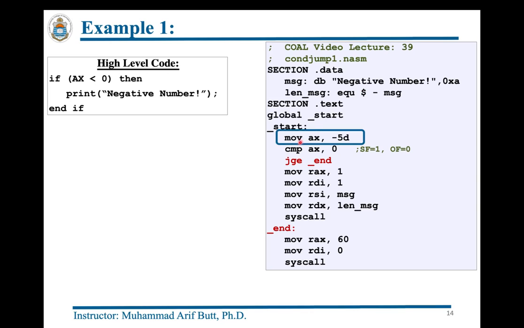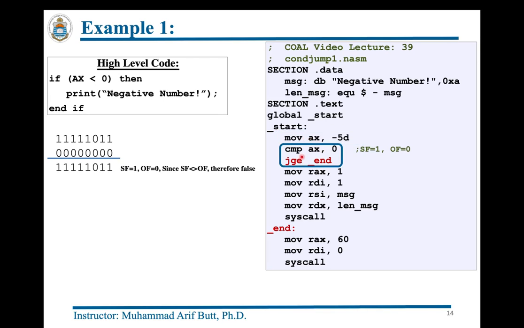Well, in the code section over here, first, we have placed a signed number -5 inside the 16-bit AX register. And after this, these are the two instructions that decide whether to print the message, that is, execute these 5 lines of code, or jump to the label _end over here without executing these lines of code.